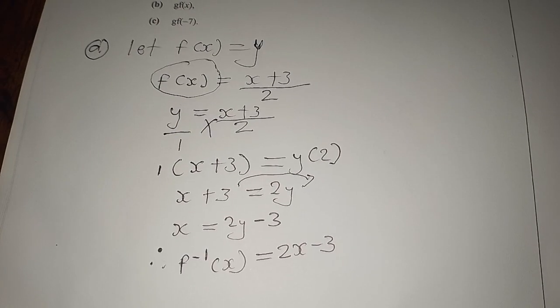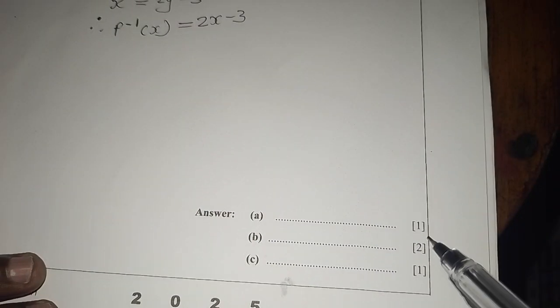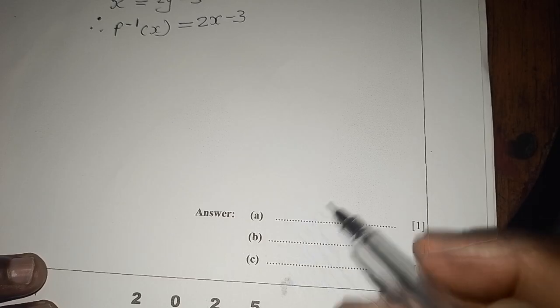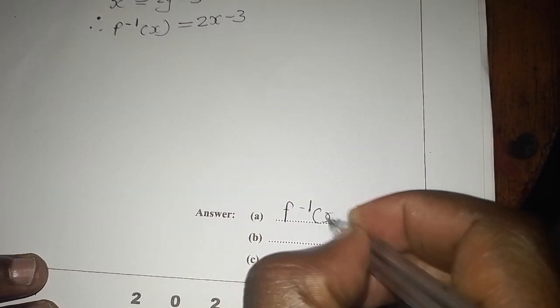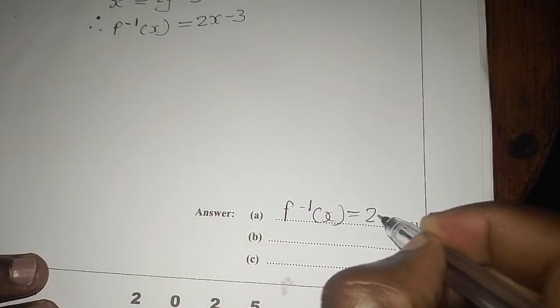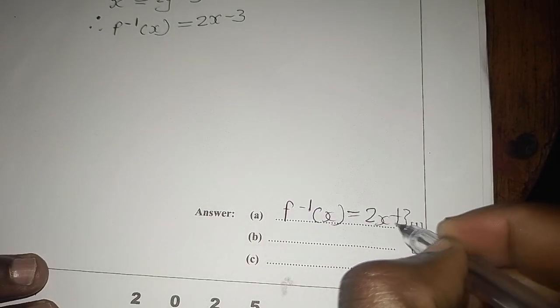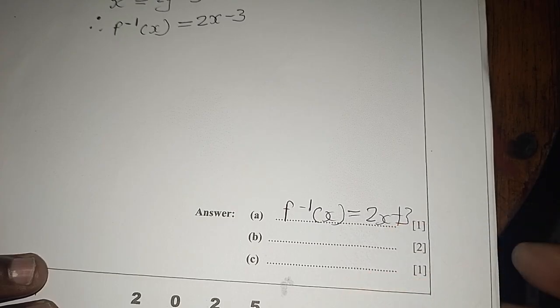Then you write it in the space for the examiners: the inverse of f of x is equal to 2x minus 3. That's all, you are done.